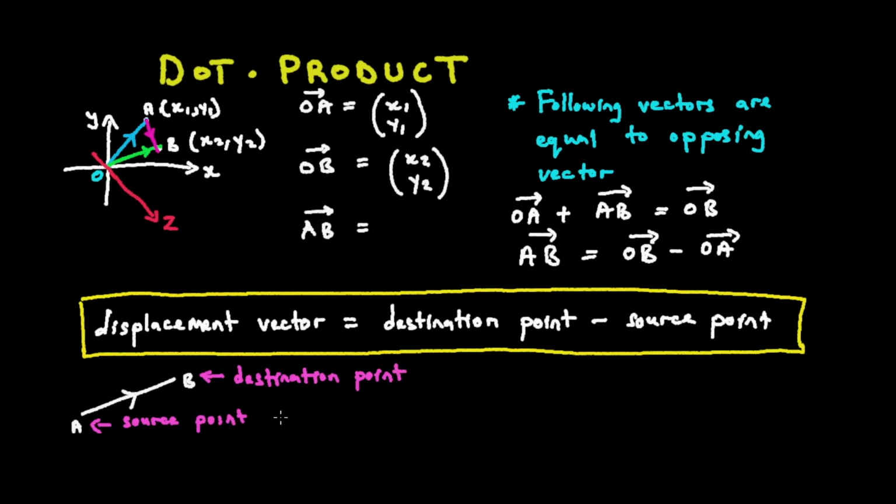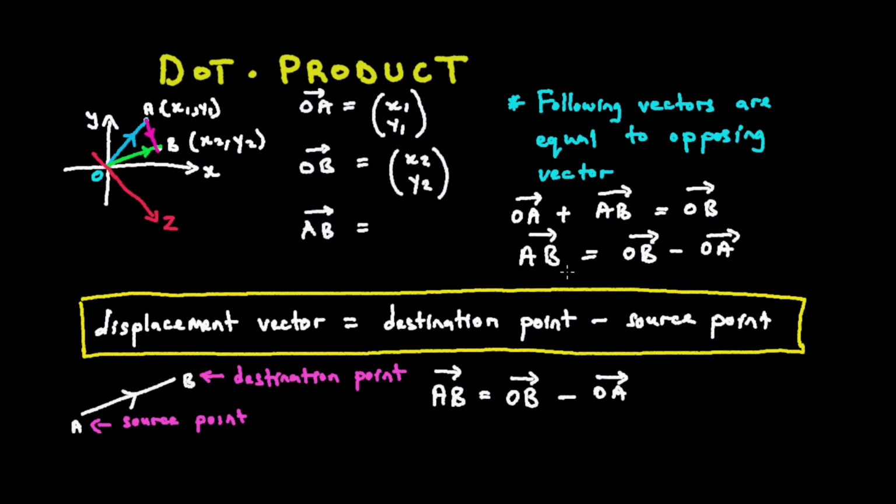What this is telling us is AB, which is our displacement vector, is equal to the destination point, which is B, but we have written B as a position vector, so we say OB, the destination point OB, subtracting the source point which is A, we write it as OA, a position vector.